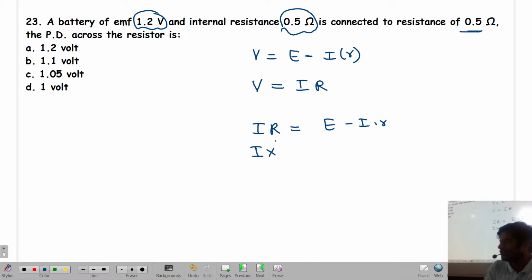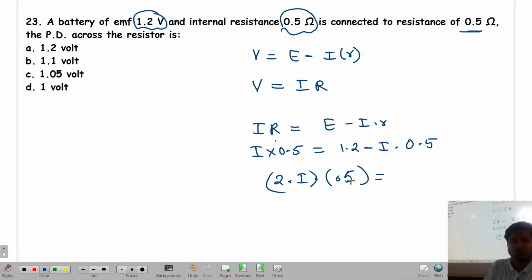Capital resistance is how much? 0.5 is equal to EMF, which is 1.2, minus I into internal resistance. Internal resistance is also similar, 0.5. So this will become I into 0.5 is equal to 1.2 minus I into 0.5. So 2 into I into 0.5 is equal to 1.2.